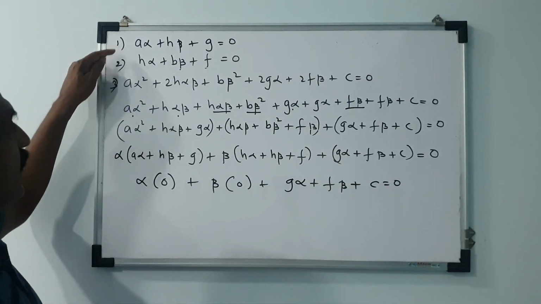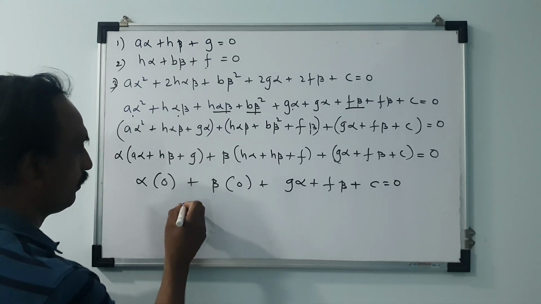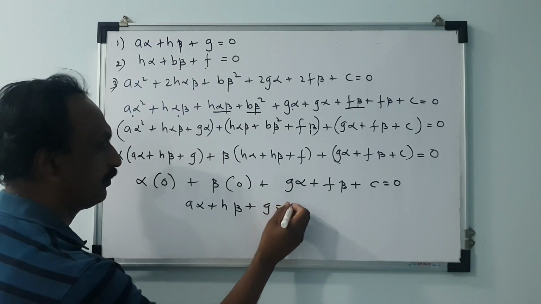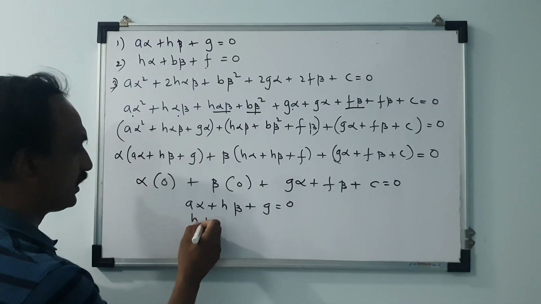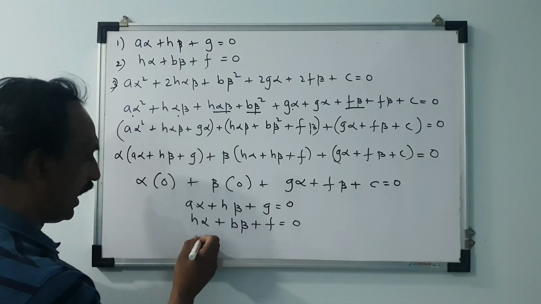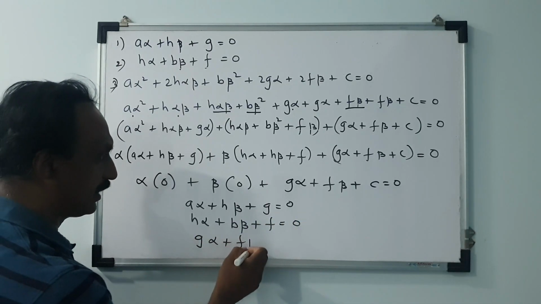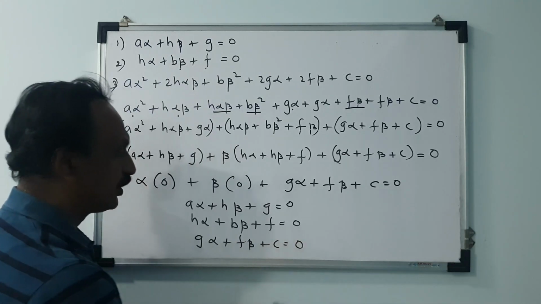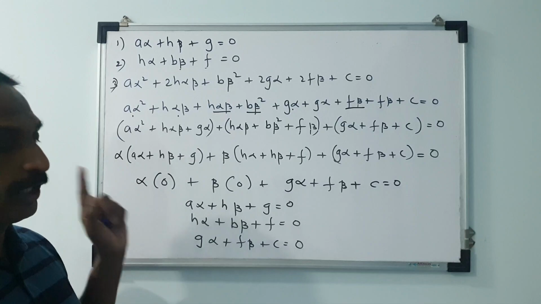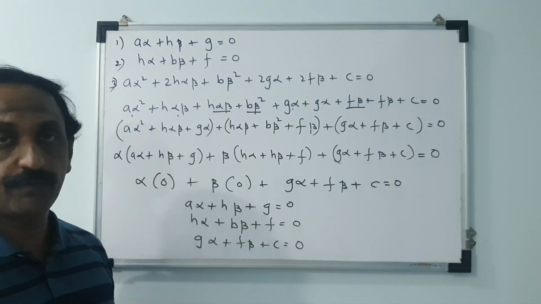So my three conditions reduce to: first one, a alpha plus h beta plus g equal to 0. Second condition, h alpha plus b beta plus f equal to 0. And last condition, g alpha plus f beta plus c equal to 0. So if these three conditions are satisfied, then only the equation would represent a pair of lines.